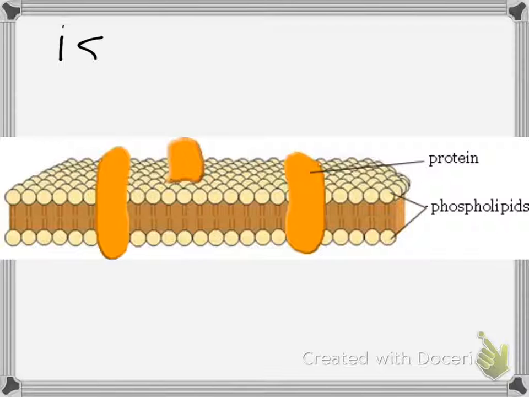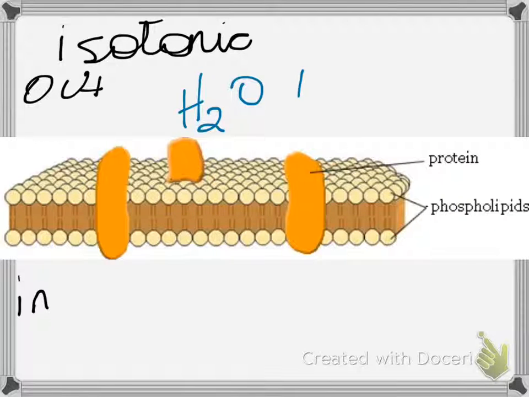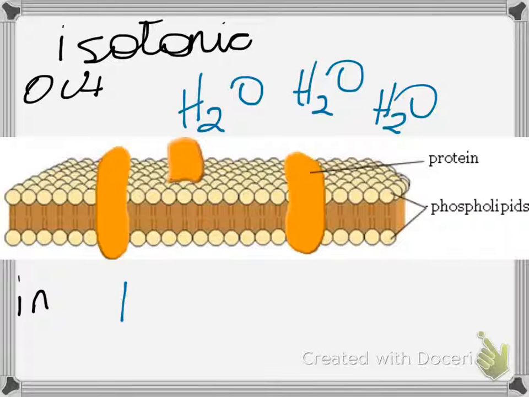Now, the last type of solution we're going to talk about is called isotonic. So we're looking at a solution where the solute to solvent ratio, the concentration, is the same outside and inside the cell.